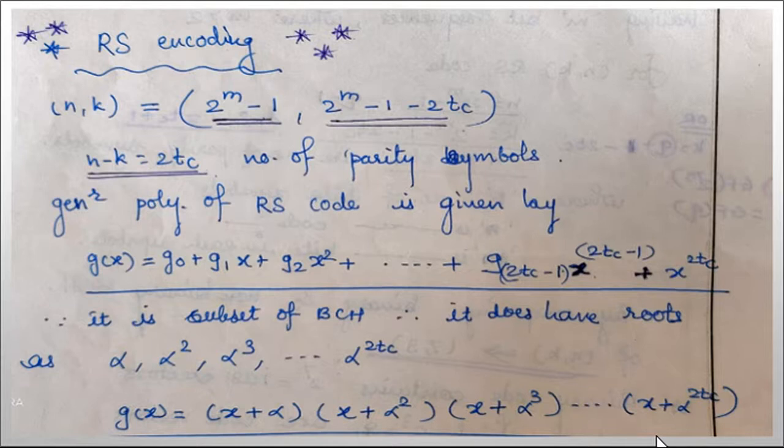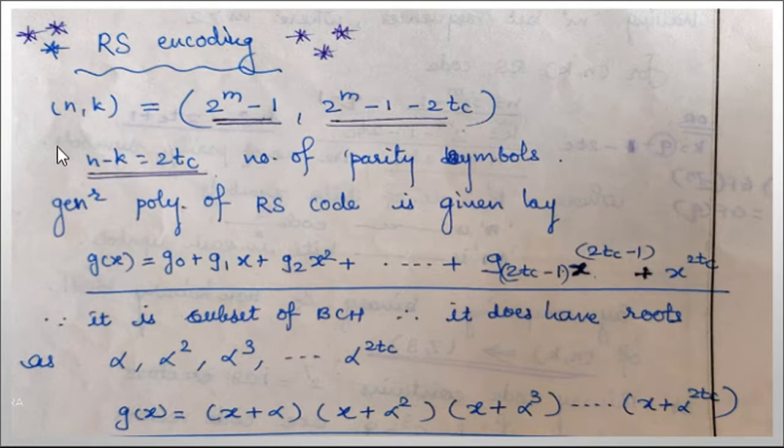Similarly, if we go for the odd-numbered minimal polynomials, the expression was g of x equal to LCM of phi 1, phi 3, phi 5 up to phi 2tc minus 1. In the same way, we can obtain it for various values of tc, that is the correcting capability of the code.